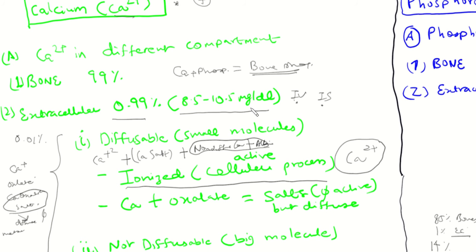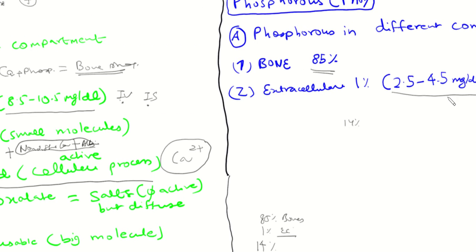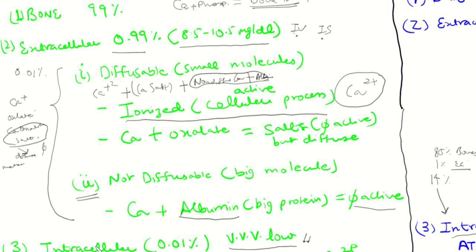We see the levels. This is calcium 8.5 to 10.5 in the extracellular space, and the phosphorus is 2.5 to 4.5 milligram per deciliter. And with calcium, we talked about diffusible and not diffusible. And within diffusible, we talked about ionized and diffusible calcium, which is now a salt, which is connected to some kind of a chemical like oxalate, right?